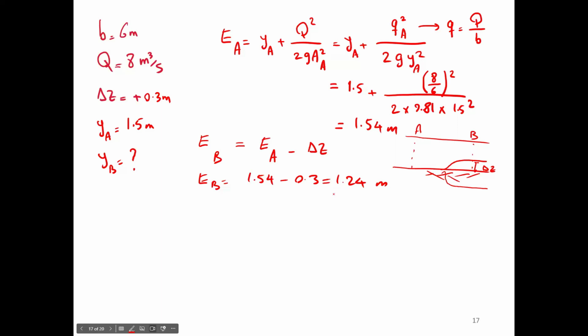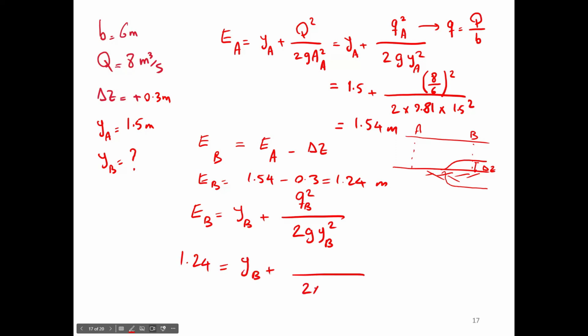Now I just need to write down the equation for B one more time. YB plus q at point B squared over 2g YB squared equals 1.24. Do I have YB? No. I have 2. I have 9.81. I don't have it. For this one, I have 8 over 6 again.